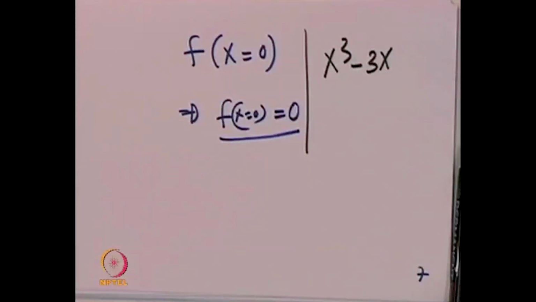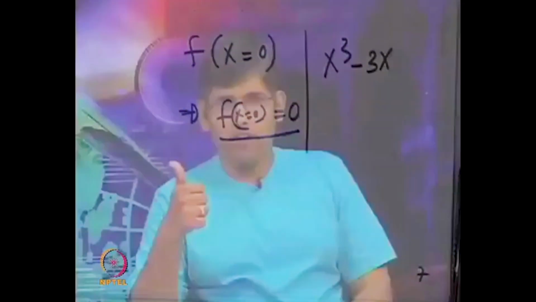So, what we saw now is that at 3 points, at plus infinity the function is infinity, at minus infinity the function is minus infinity, and at x equal to 0 the function is 0. This is the summary.